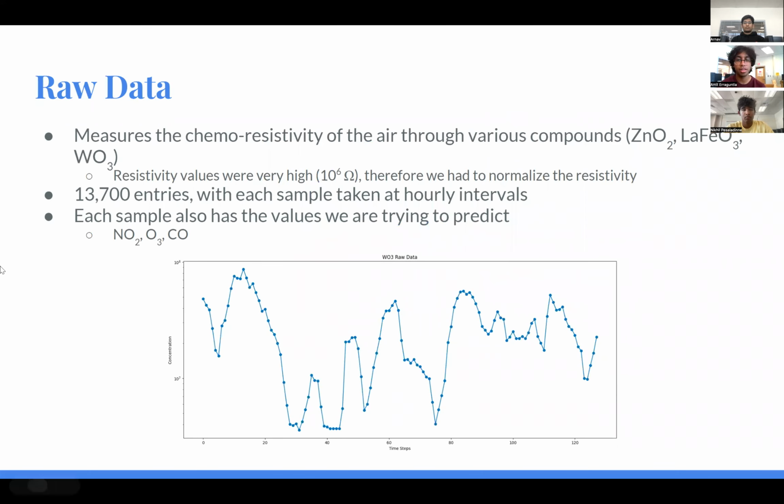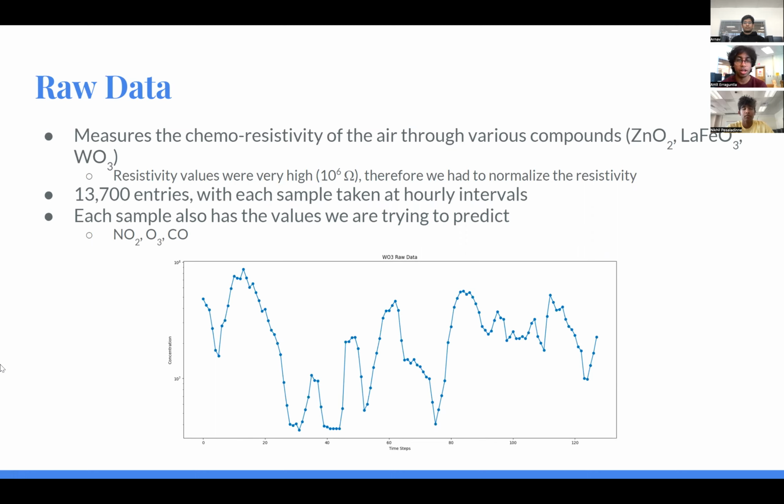So going into our methods, like I said before, the cheaper sensors measure the chemoresistivity of the air through various compounds. So these compounds such as zinc oxide or tungsten oxide are on the cheaper sensors and they react with the pollutants in the air.